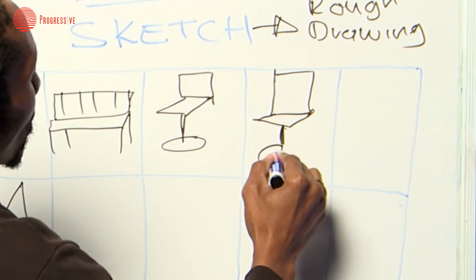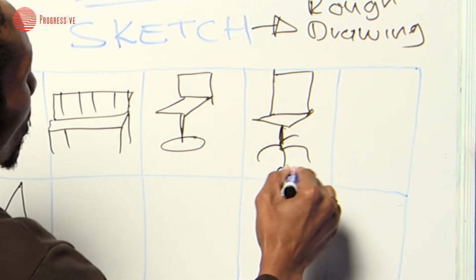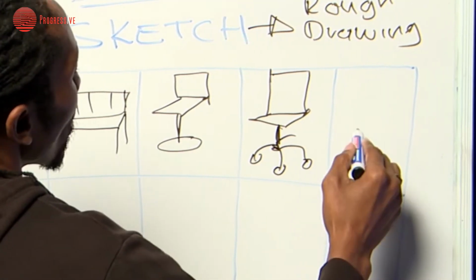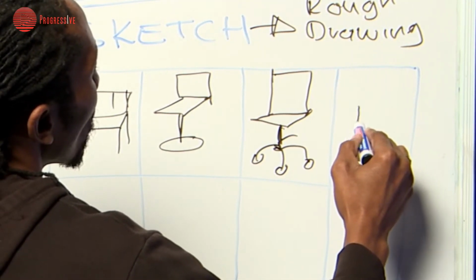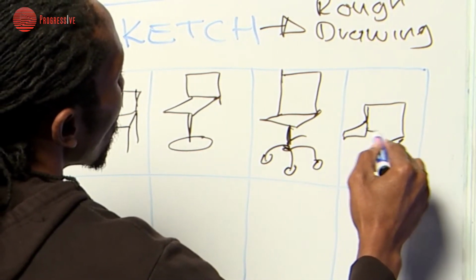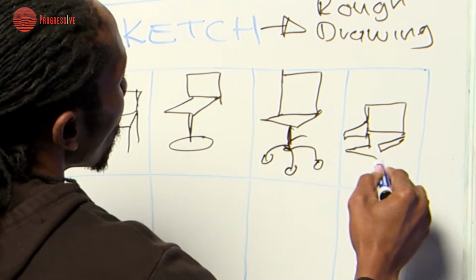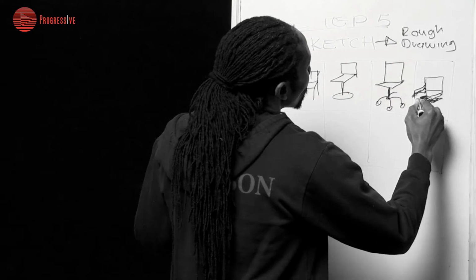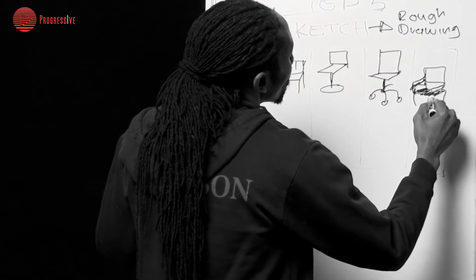Also center of gravity, and remember it's got wheels and so forth. And here maybe we have a single armrest. So this is my armrest chair.